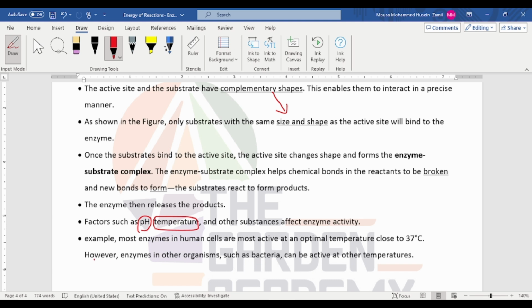Just as an example, you must know that enzymes in human cells are active at an optimal temperature, which is 37, which means that a change in this temperature leads to inactivity of the enzyme, or the enzyme is not going to work in a perfect way.